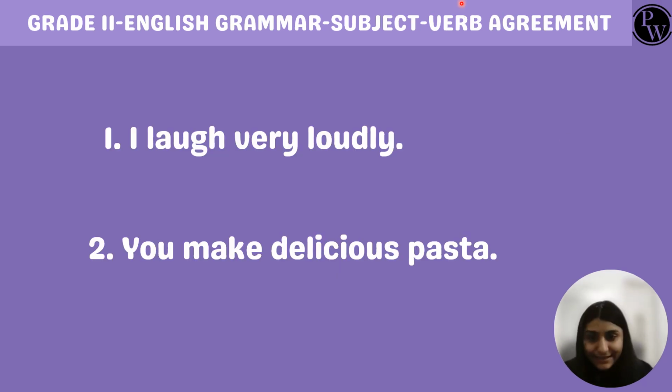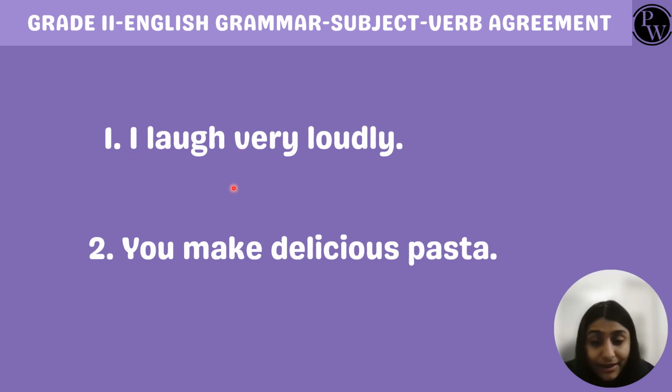Now let's read these sentences. I laugh very loudly. You make delicious pasta. What do you notice about the subject and verbs in these sentences? Now, even though the subjects are singular here, right? The verbs do not end in s or es. I laugh.